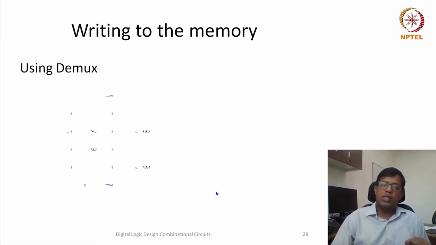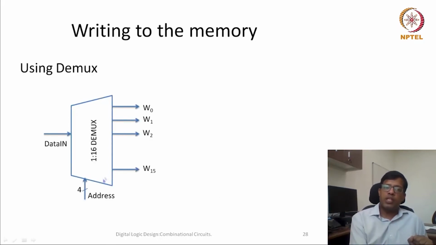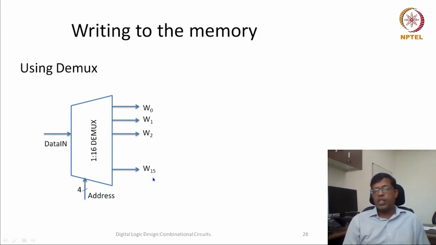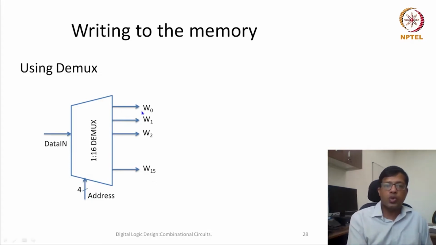In case of a demultiplexer, my data in would be given as an input, and my control would effectively be the address. It's a 4-bit address, and all 16 outputs of my demultiplexer I should connect to W0, W1, up to W15. What does it mean? If my address is, let's say, 0000, then whatever is data in should go to W0.